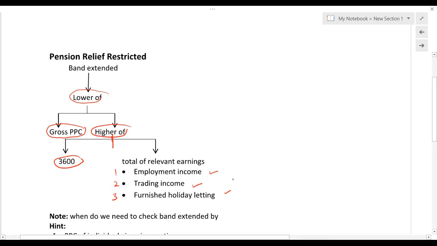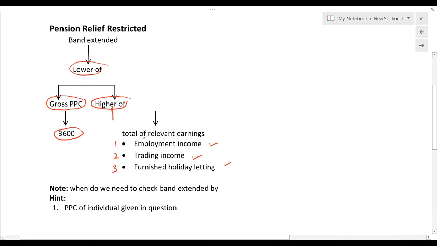So it is coming here right now. Total of relevant earnings is employment income, trading income, furnished holiday letting.